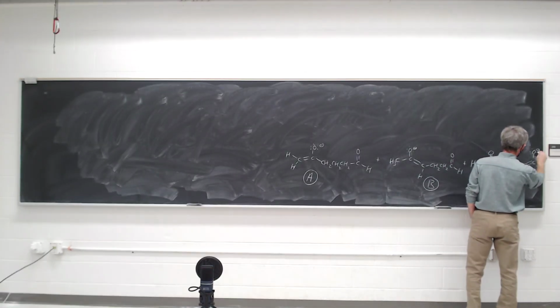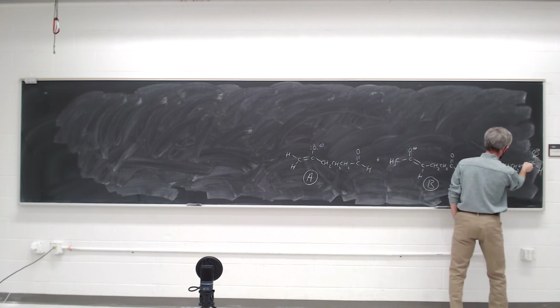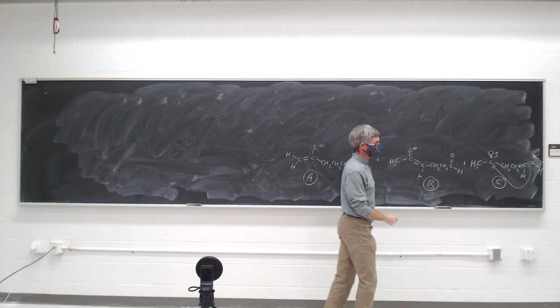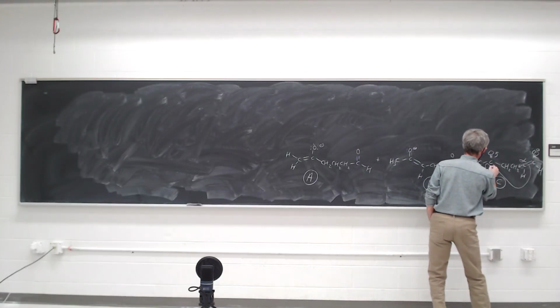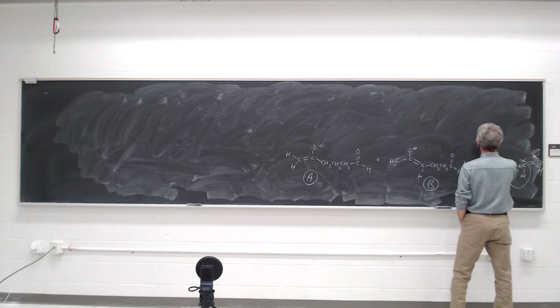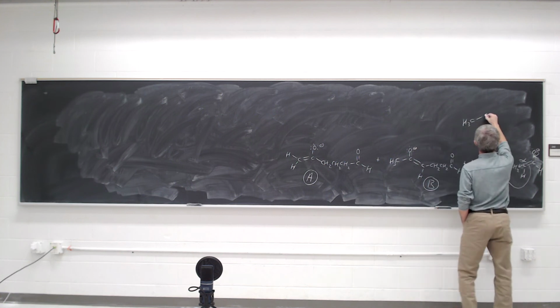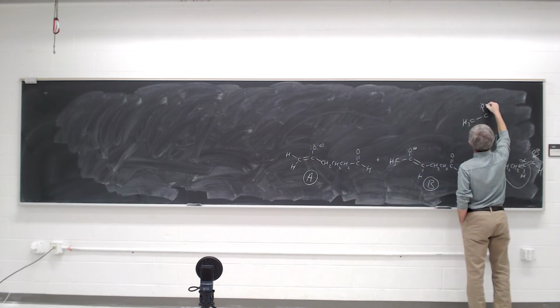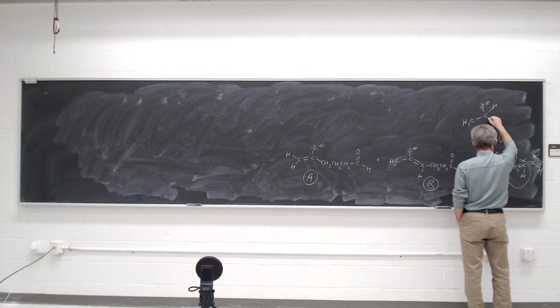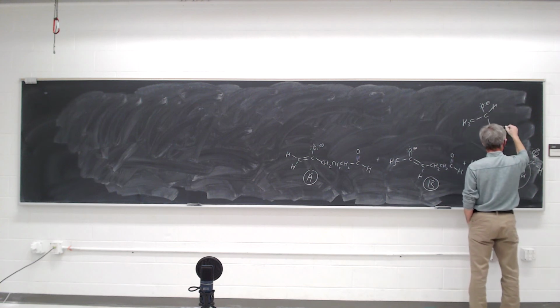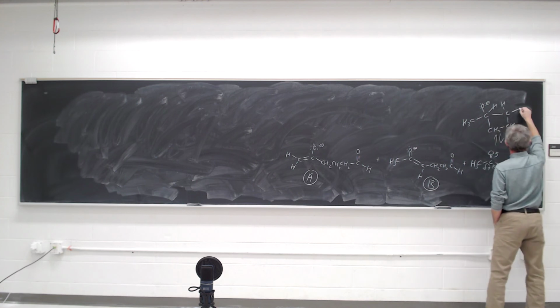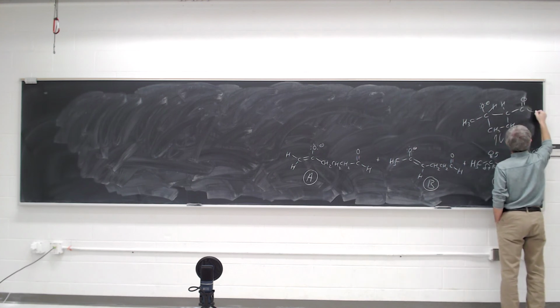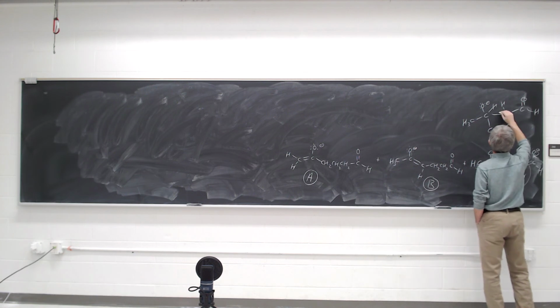So we can push this down and have that push over there like that, forming a new C-C bond between this alpha carbon and this carbonyl carbon, to make that.